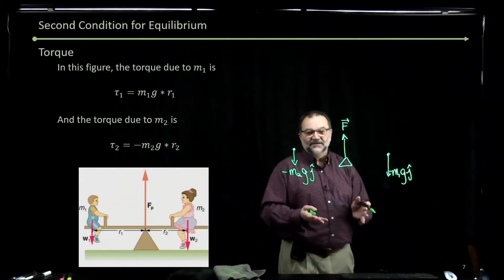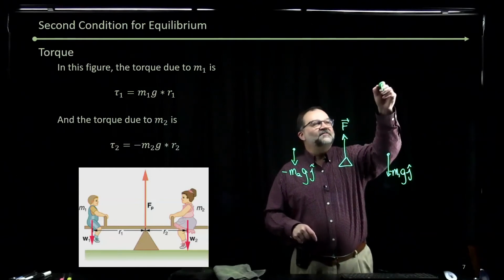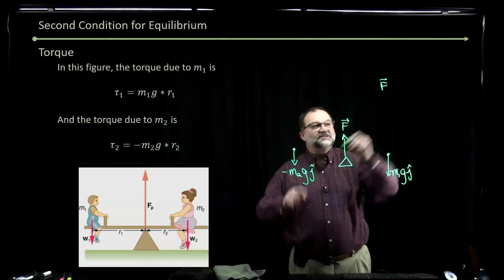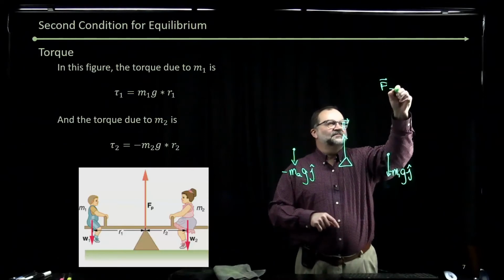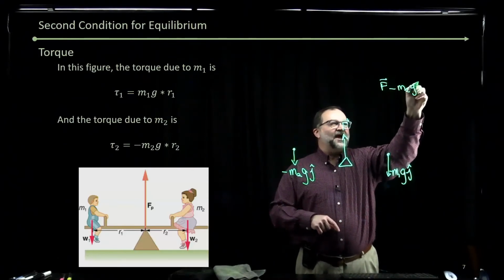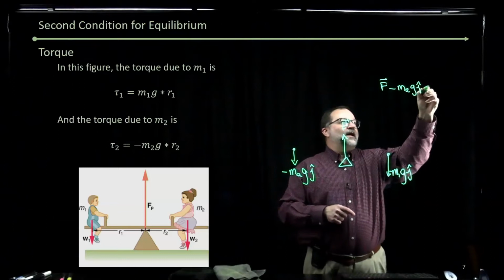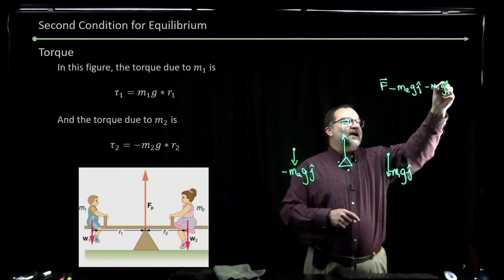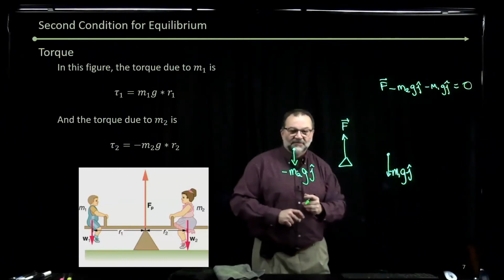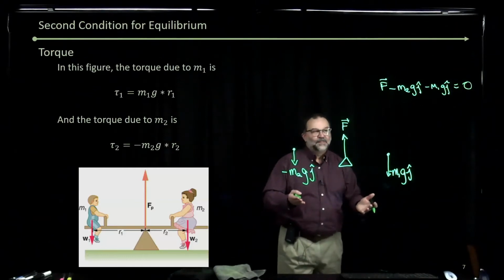And what does that tell us? That tells us that F plus this, which is minus M2G J hat, plus this, which is minus M1G J hat, has to equal 0 for us to be in equilibrium.